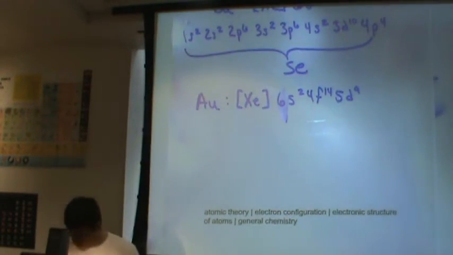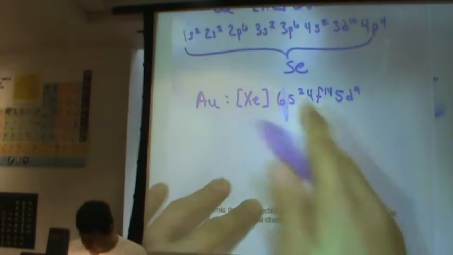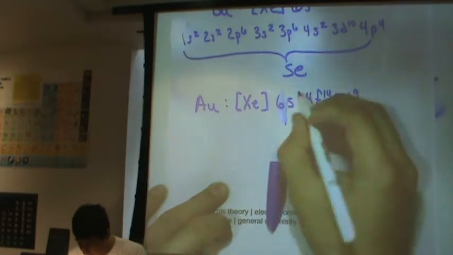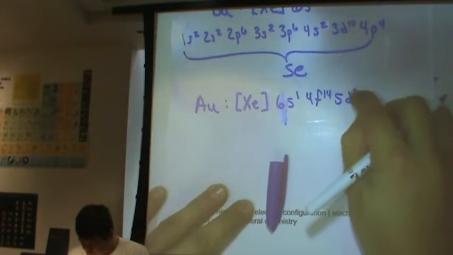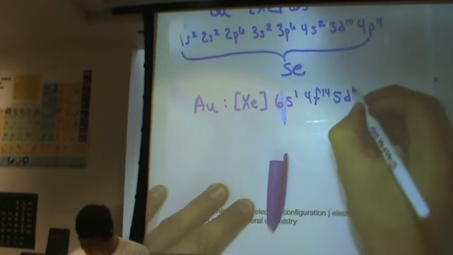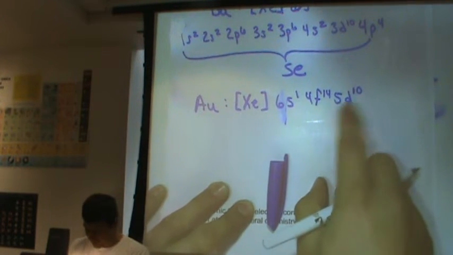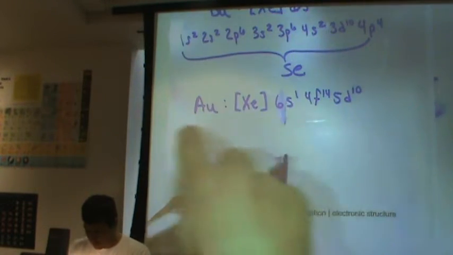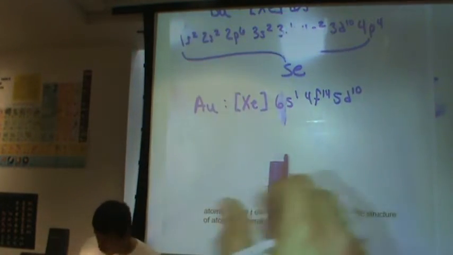So we're going to remove one of these electrons from the 6s2 orbital. We're going to be left with 6s1, and we're going to promote it to 5d10. Remember I said when you have a filled shell it acts noble gas-like. And so this would be the electron configuration for gold.